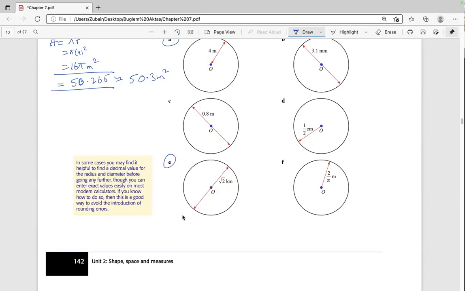No, 4 pi, because it's squared. And what is the radius? 4? What is the value of the radius? This is not pi times square root of 2, that's the diameter. Oh, that's the diameter.